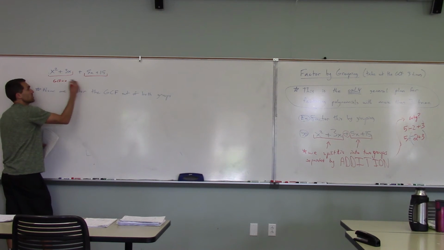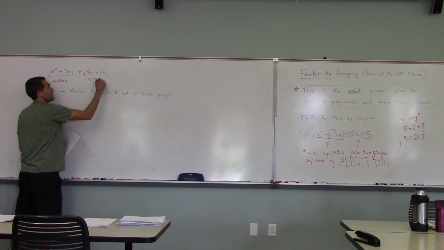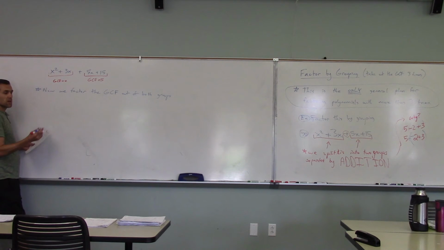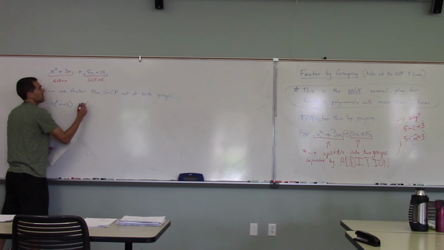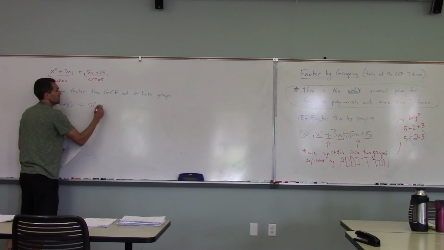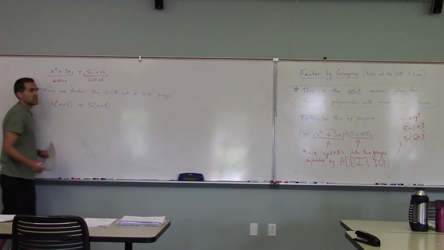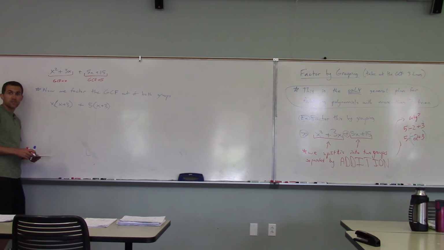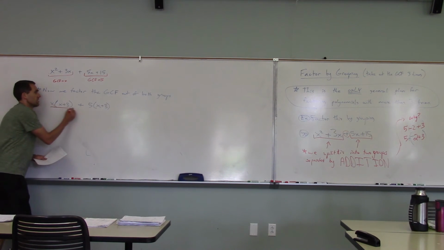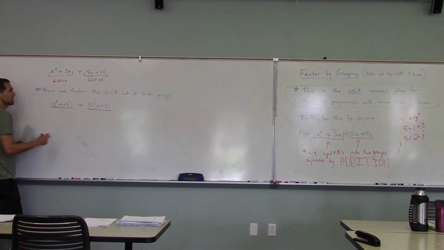X. Yeah, what's the GCF of the second one? 5. Bam. Okay, so now this becomes x times x plus 3 plus 5 times x plus 3. You're starting to see what's going to happen here. We cleverly grouped these so that when we took out the GCF, we are left with a common factor.